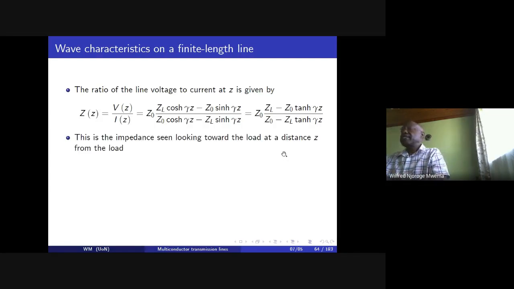Now, this impedance must be seen as the impedance looking toward the load at the plane Z from the load.